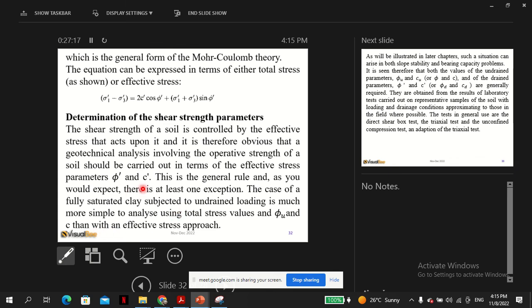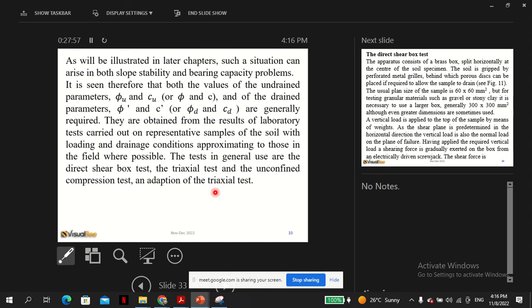Because of the drainage issues, there are always issues with effective stress when we are talking about undrained conditions.